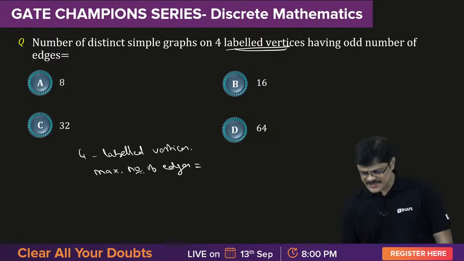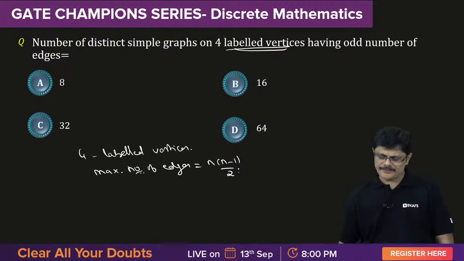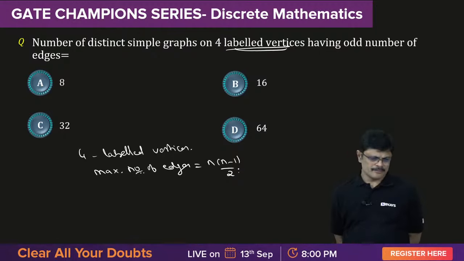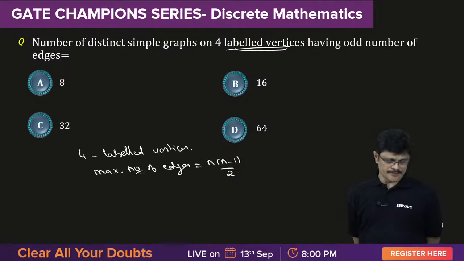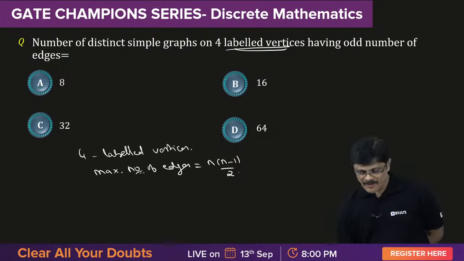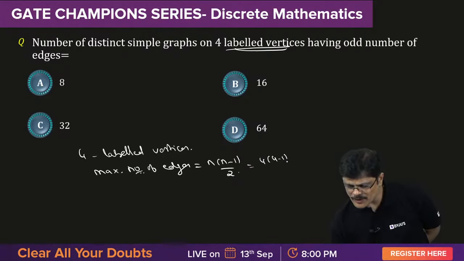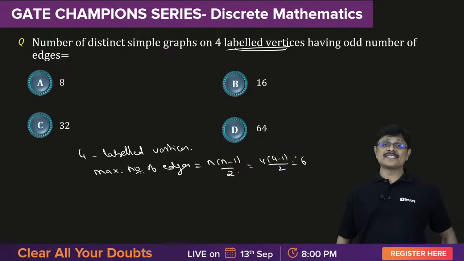Maximum number of edges, n into n minus 1 by 2. So 4 means here it is 4 into 4 minus 1 by 2, which is nothing but 2 into 3, that is 6. 6 edges are possible.